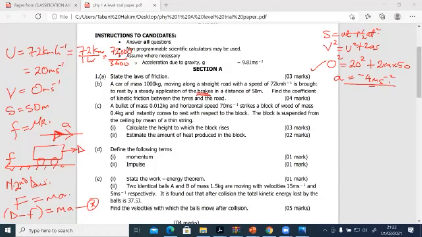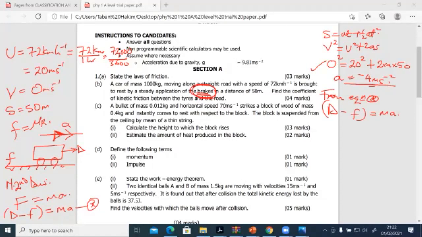So we have the acceleration, we have the mass, the driving force is 0, and we're supposed to find the frictional force. From our equation star, we've said that D minus F is equal to ma. The driving force is 0 because the brakes are being applied.